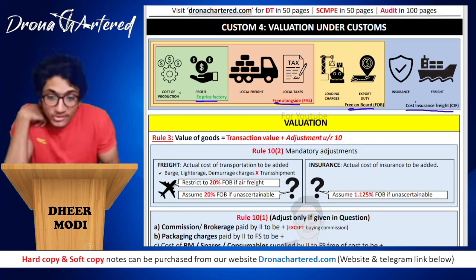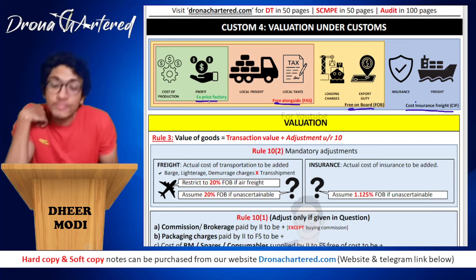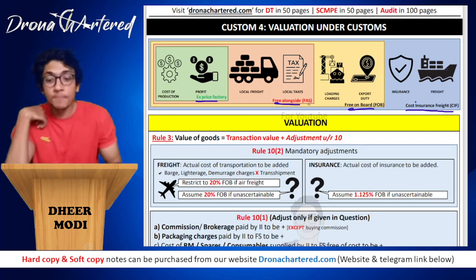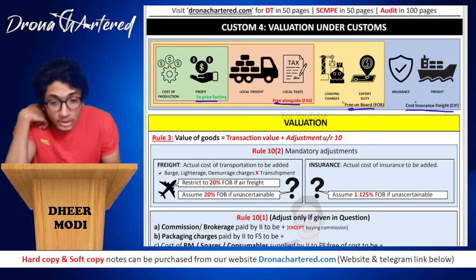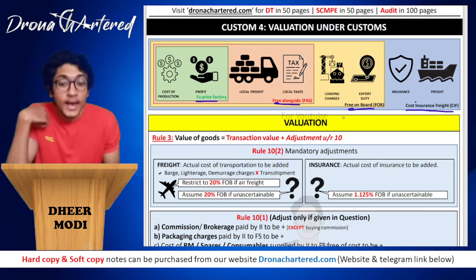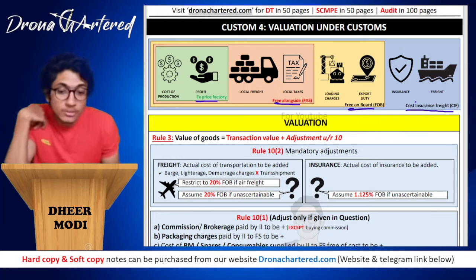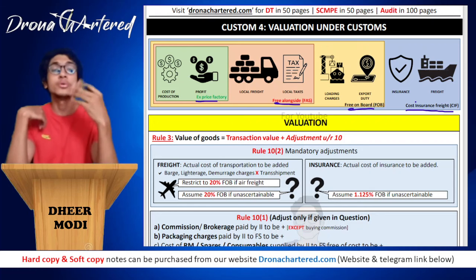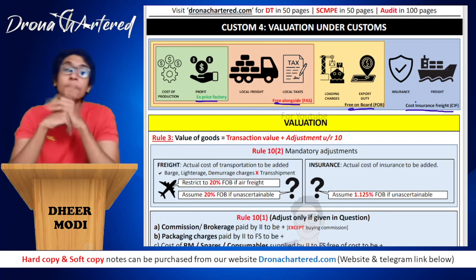Your cost of production plus profit will give you ex-factory price. Your ex-factory price plus your local freight plus your local taxes will give you free alongside. Your free alongside plus your loading charges plus your export duty will give you free on board, and free on board plus insurance plus freight will give you your CIF value, that is your cost, insurance, and freight.